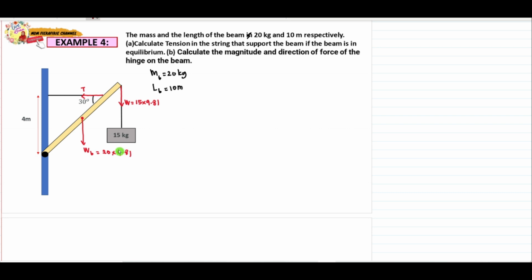So the weight of the beam we can calculate first, 196.2 Newton. And this one should be equal to the weight of the mass. I put Wm. Weight of the mass is equal to 147.15 Newton.